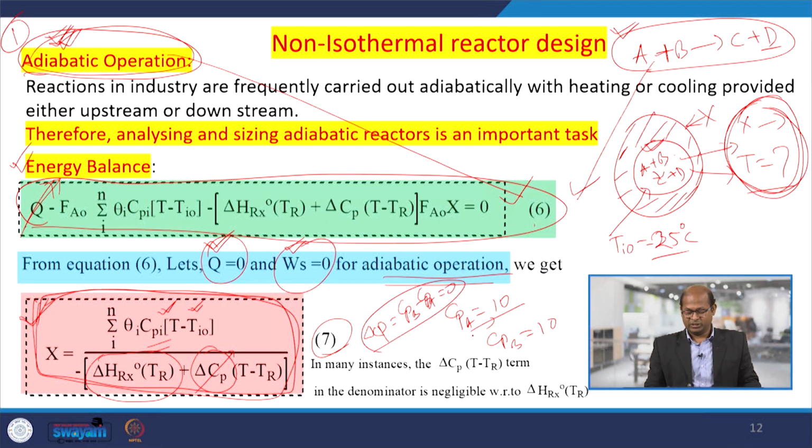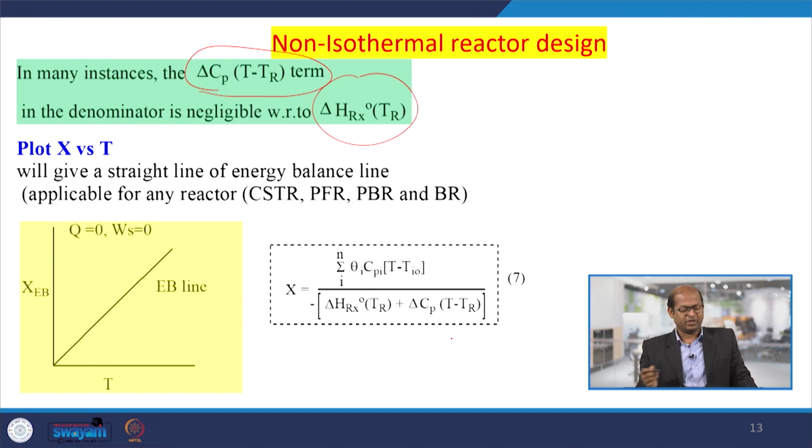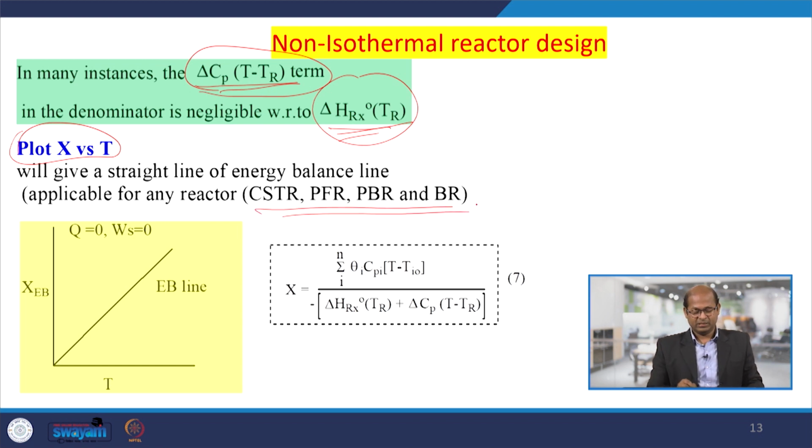So, if there is no heat capacity change for the components, let us say A is going to B, in that case the heat capacity change is 0. So, in many cases this term is neglected and the other term dominates. This term is negligible.